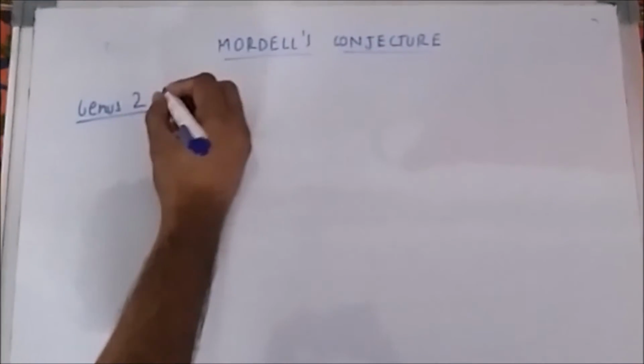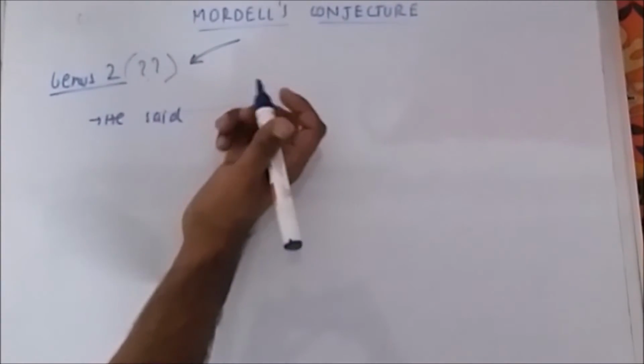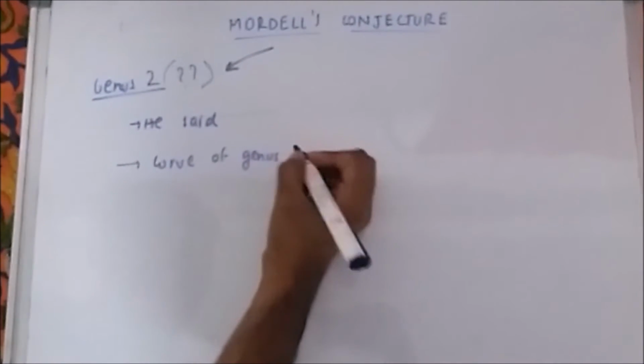Now we turn our heads to Mordell's conjecture. As we discuss the terms of genus, what about genus 2? Have you ever thought about it, or guessed about it? What Mordell said here is a very good conjecture. In mathematics, conjectures often turn out to be proved wrong, but let us see what happened to this.